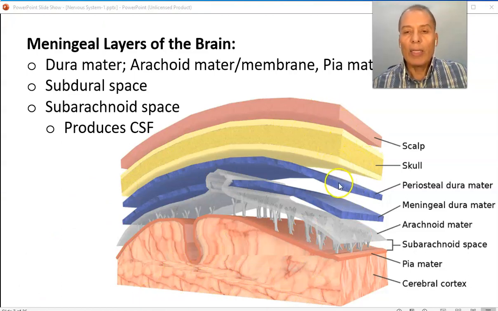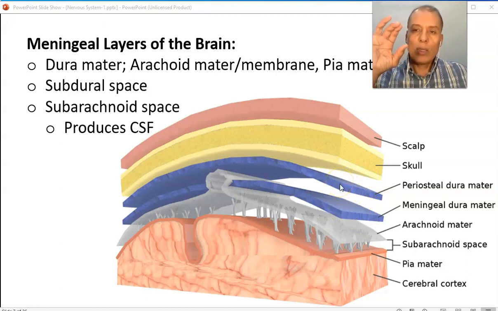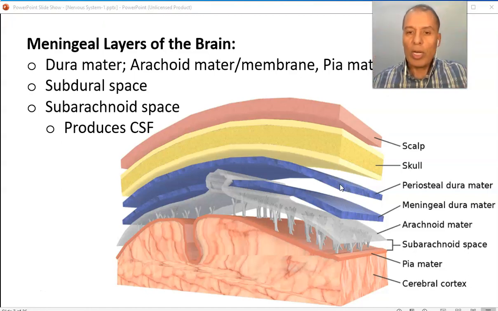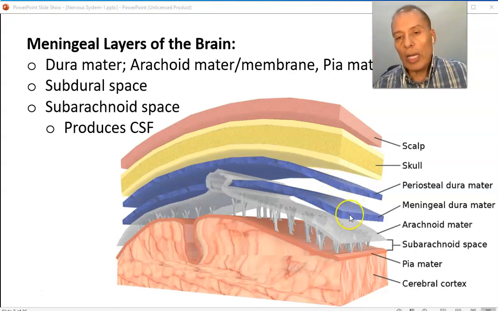But beneath that, you have one layer called the dura mater, the top level of protection, which surrounds the entire brain. This is the uppermost layer, and of course it has 2 individual layers, but just know them collectively as the dura mater.